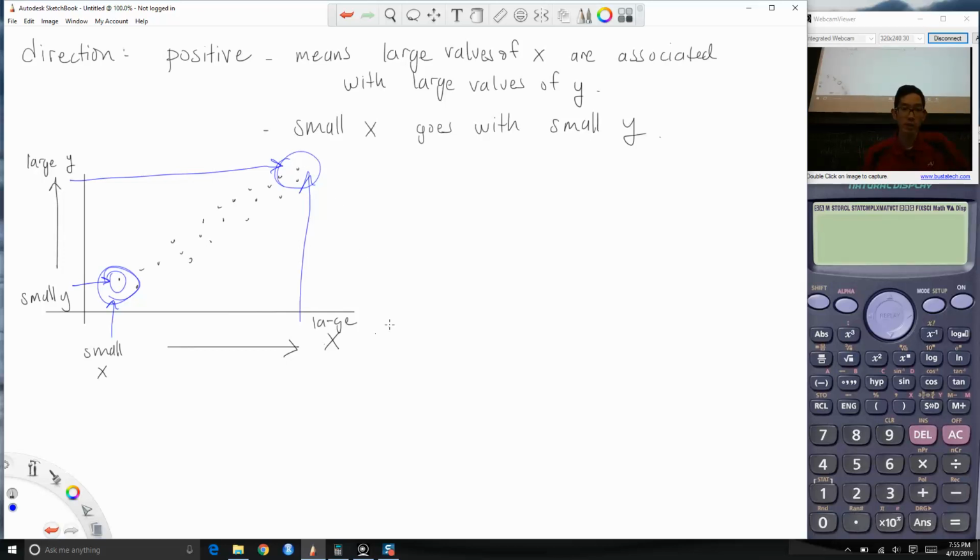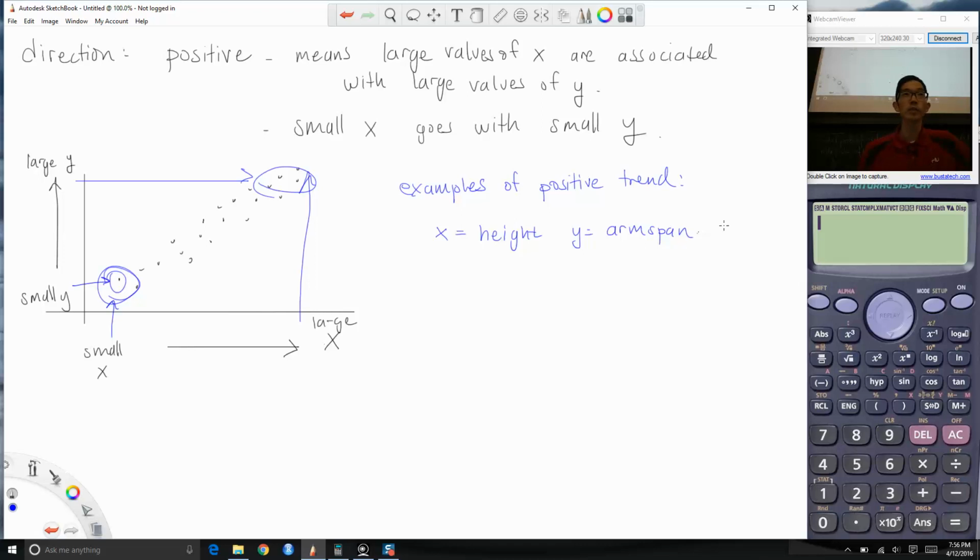All right, and so this should be flat. Okay, and so examples of things that have a positive relationship, positive trend or positive direction, could be, you know, x could be someone's height, and y could be their arm span.